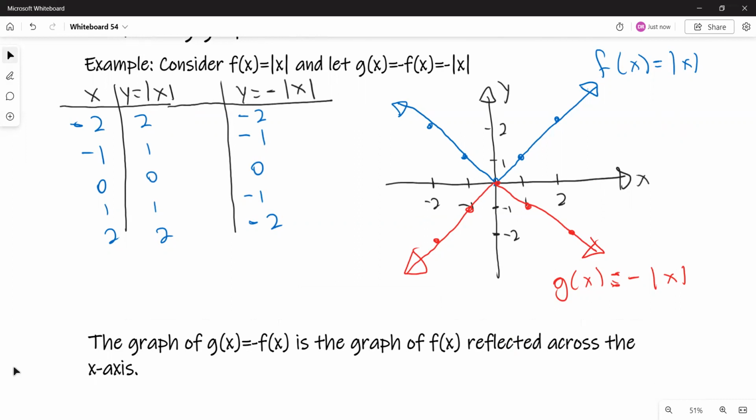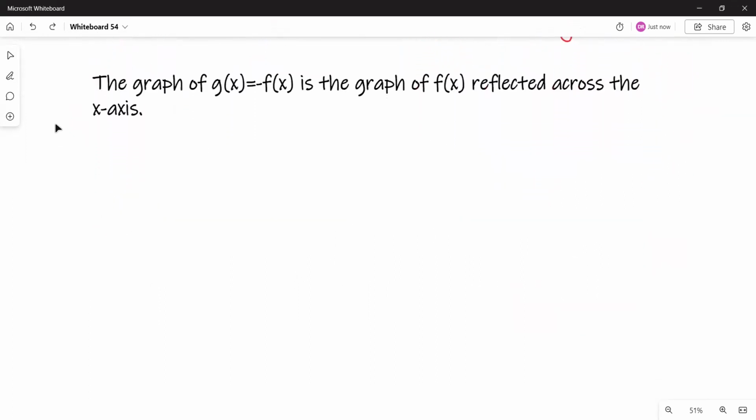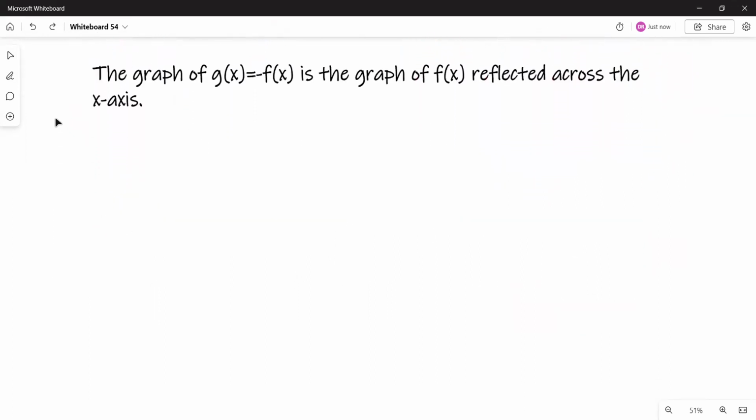So the graph was reflected like this. So that was an example of a reflection across the x-axis.